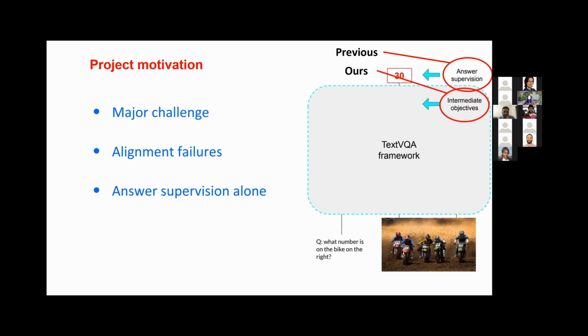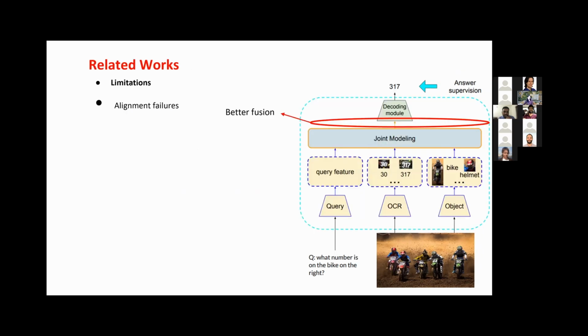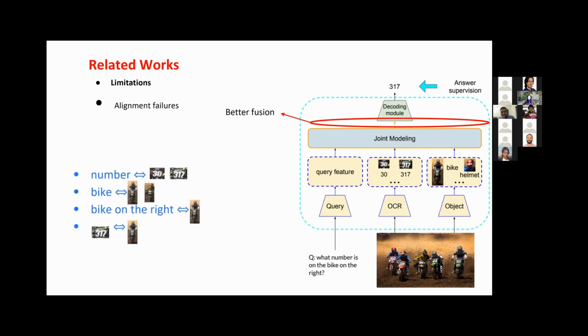So let us take a closer look at this example. What kind of cross-modality alignment do we need to learn to answer the question, what's the number on the bike on the right? First, there needs to be some alignment between words and certain vision regions, either the word number with an OCR region, such as 30 or 317, or the alignment between the word and certain visual object regions, such as the bike.